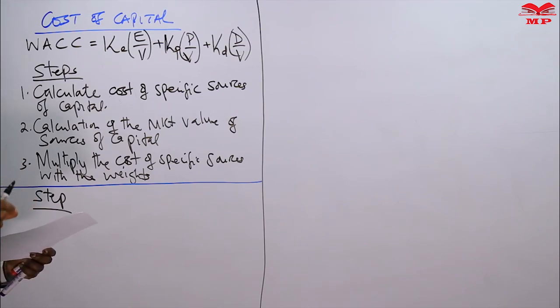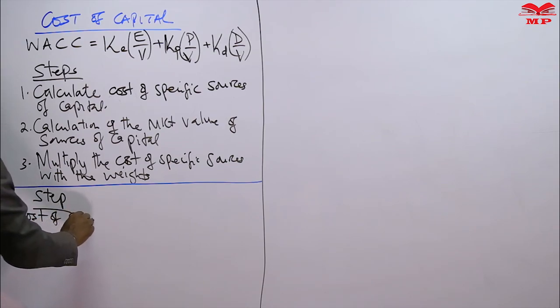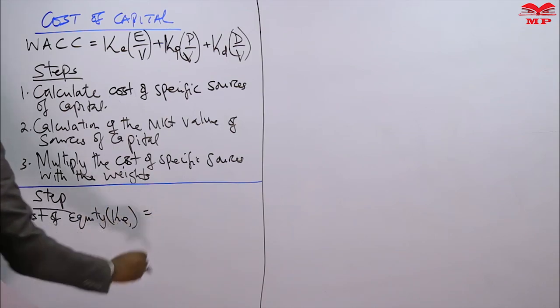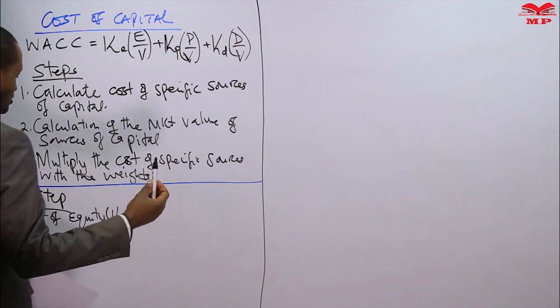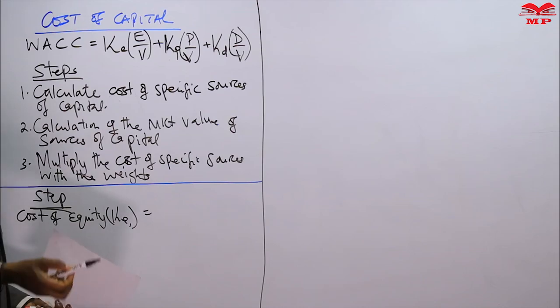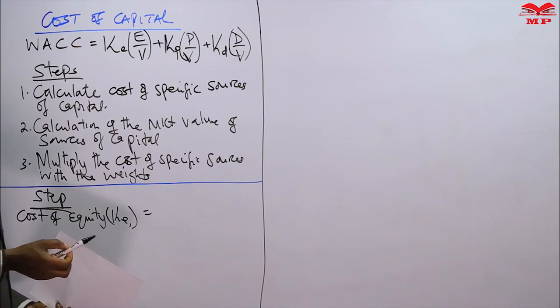One specific source is equity. So what is the cost of equity? Cost of equity, KE, is equal to... remember we say that there are 2 categories of firms: zero growth firm and constant growth firm. If it is a zero growth firm, then we will use the zero growth model.